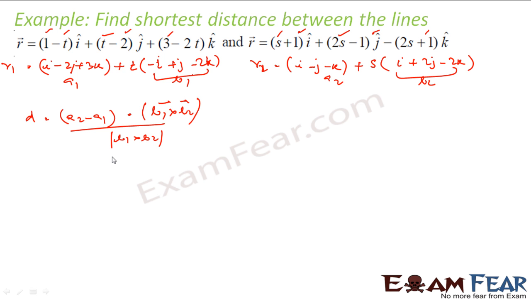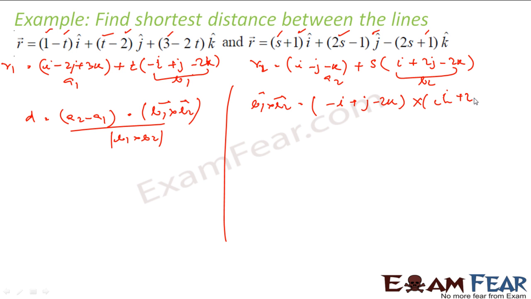Correct? So we solve this. I'll not exactly solve this here. If you see, B1 cross B2 will be nothing but this guy, minus i plus j minus 2k, cross i plus 2j minus 2k. If you do a cross product, what you'll get is 2i minus 4j minus 3k.